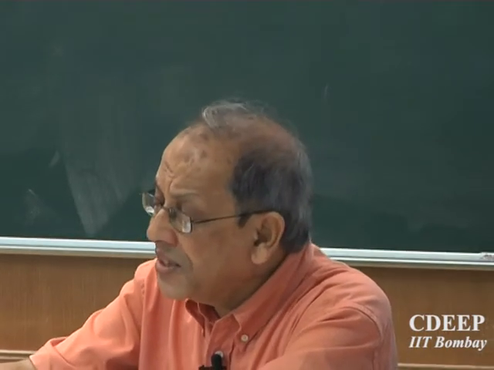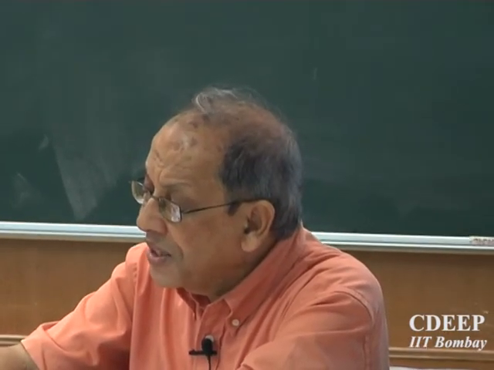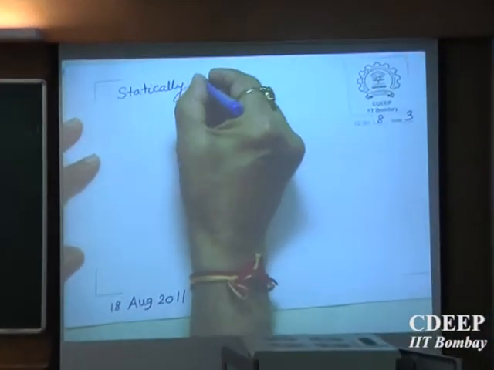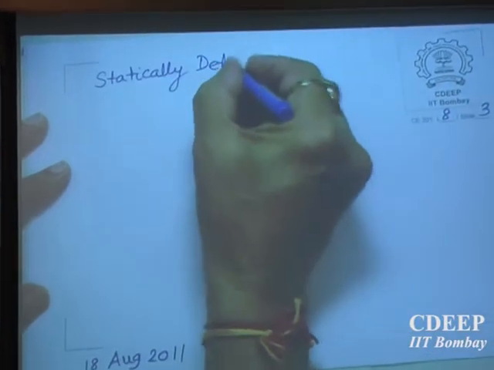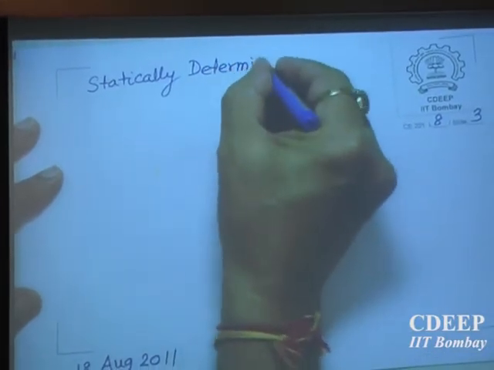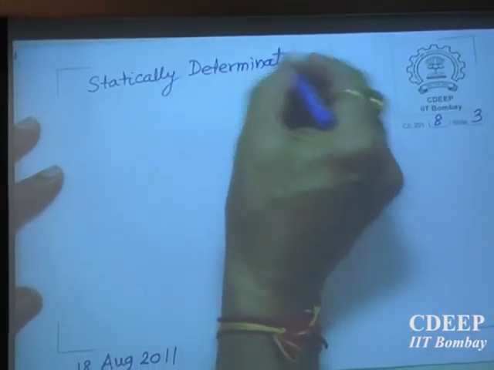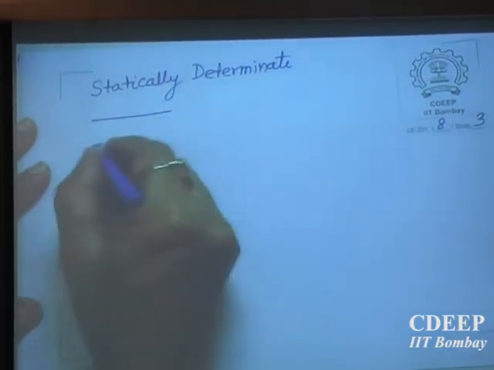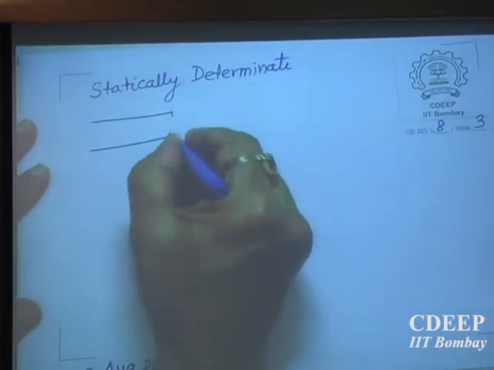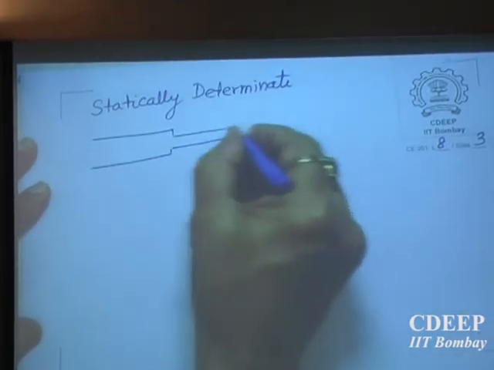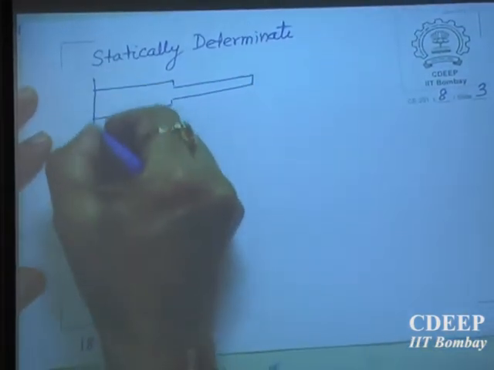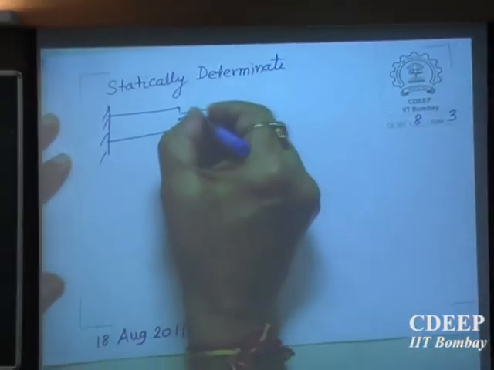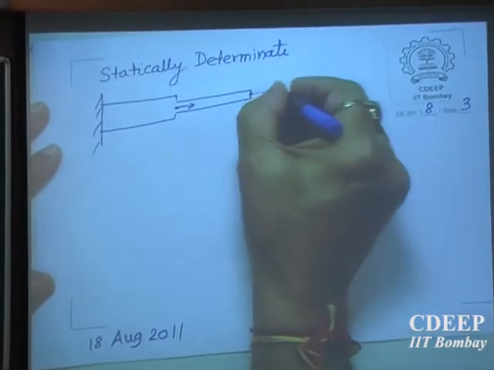Why was it statically determinate? So I had taken what is called a statically determinate problem. That problem was statically determinate. My problem was like this, I had fixed this end, and then I said, okay, let us apply a force here, a force here.